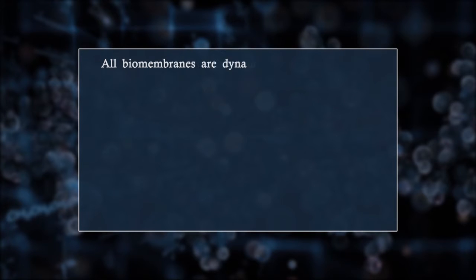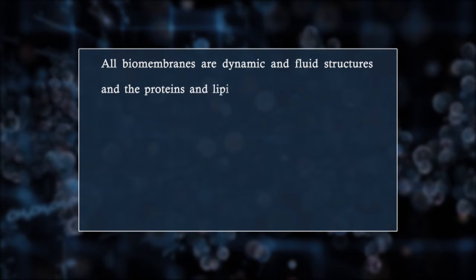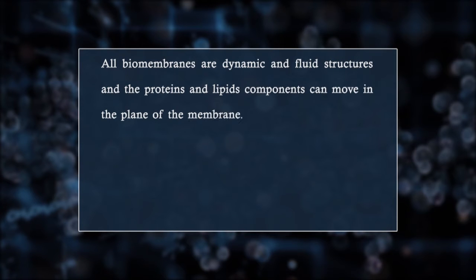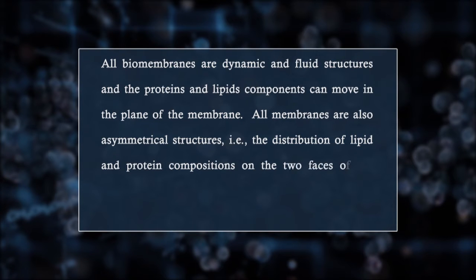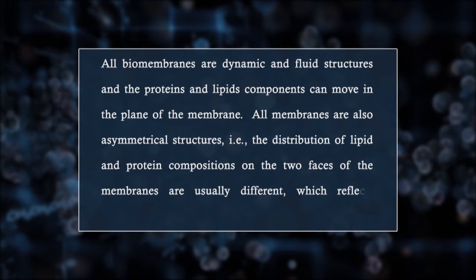All biomembranes are dynamic and fluid structures, and the protein and lipid components can move in the plane of the membrane. All membranes are also asymmetrical structures, that is, the distribution of lipid and protein compositions on the two faces of the membranes are usually different, which reflects different functions of the two sides.